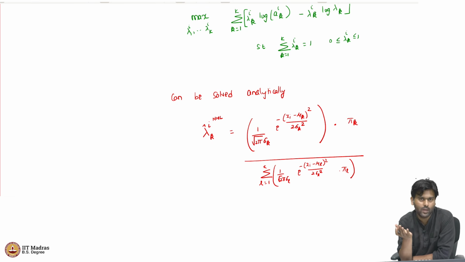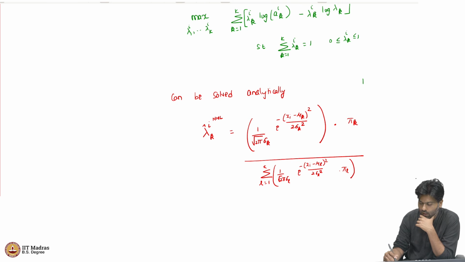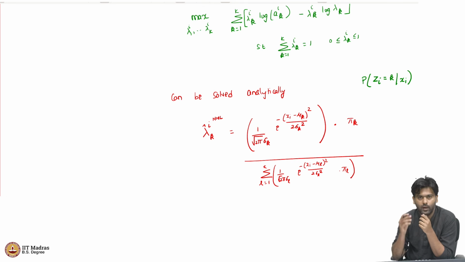So, I tell you what the ith point is and then ask what is the chance that this goes to the kth cluster. If I know all the parameters, then basically what I am asking is: what is the probability that Zi, which, remember from our step 1, is the cluster indicator, is k given xi? Given a point xi, what is the chance that this goes to the kth cluster? That is what I am going to think of lambda hat ik as representing.